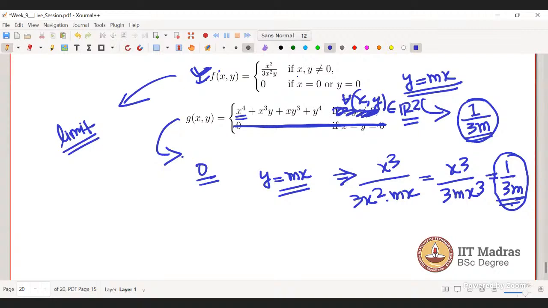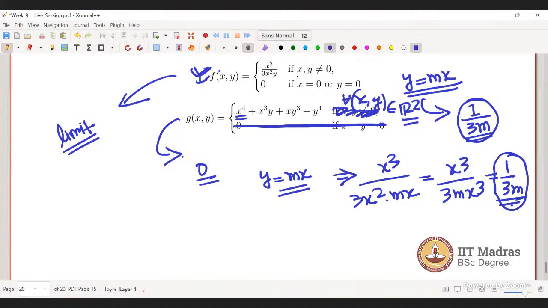So, sir, this reiterates that whatever knowledge we have in one dimension, like x square plus a quadratic being continuous, or x power 4 plus x power 6 being continuous, applies to two, three, or any number of dimensions. Polynomial functions are continuous and differentiable, as you have seen for one variable.